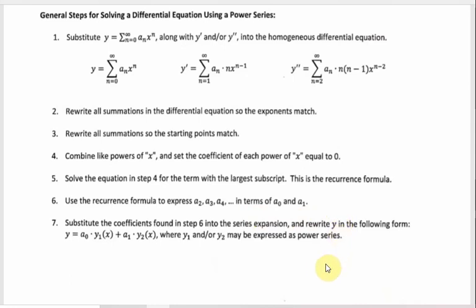And then you can usually rewrite those so they're all just in terms of a0 and a1, and then you would get expressions for y1 and y2, and then y1 and or y2 might be power series. Usually they end up being series, but like I said, sometimes you get lucky and maybe y1 is just 1 or something.